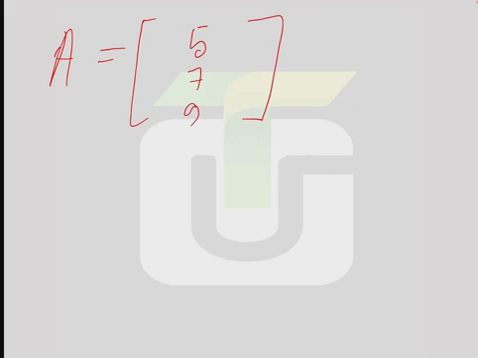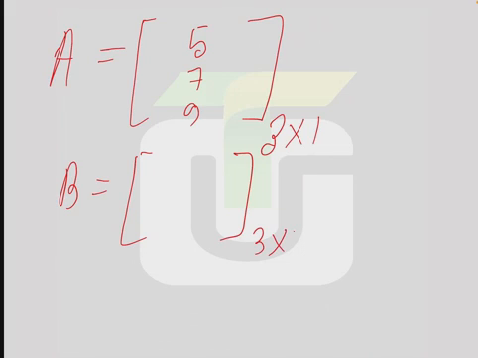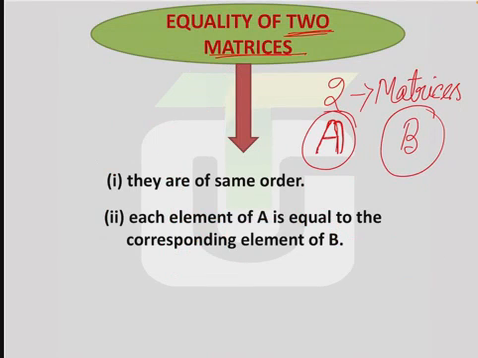Okay, here first row, second row, third row, but column 1. So this is a 3 by 1 matrix, right? And B is also a matrix of order 3 by 1. Okay, that means ऐसे टाइप का ही मैट्रिक्स होना पड़ेगा. और क्या बोला है सेकेंड क्राइटेरिया में? That means each element of A is equal to the corresponding element of B.